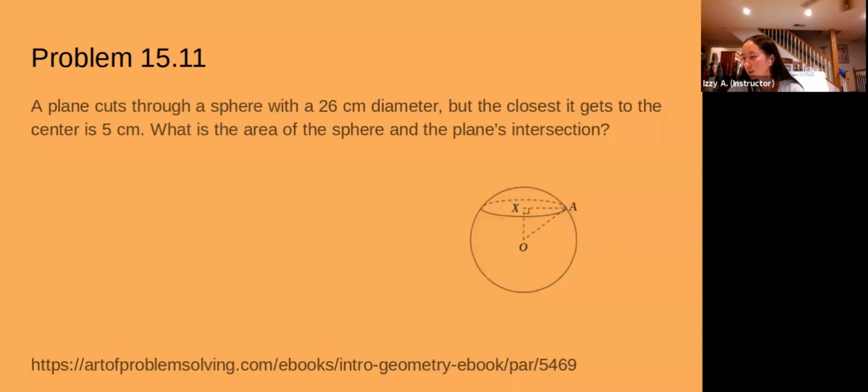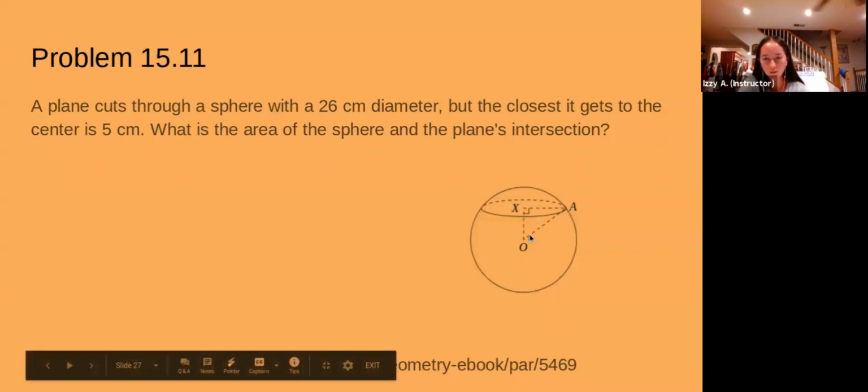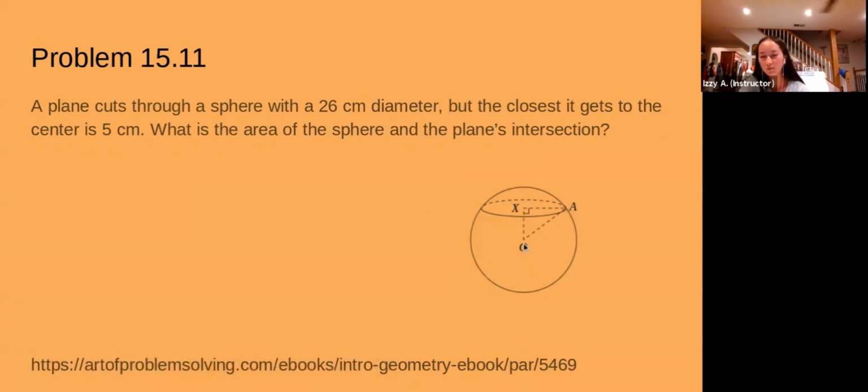Or actually, you know what? Discard the hint that I gave you. Because if you look at this carefully, OA is actually the radius of the sphere because it's stemming from the center to the sphere's surface. So this would be 13.